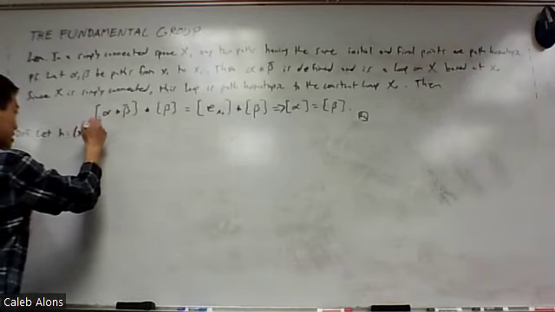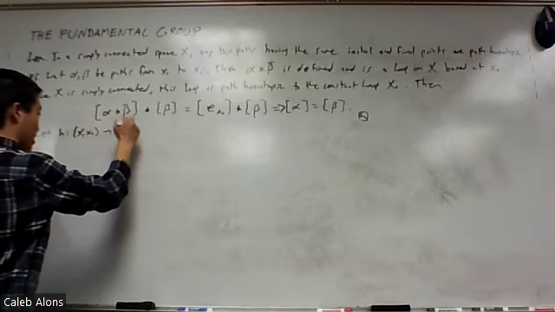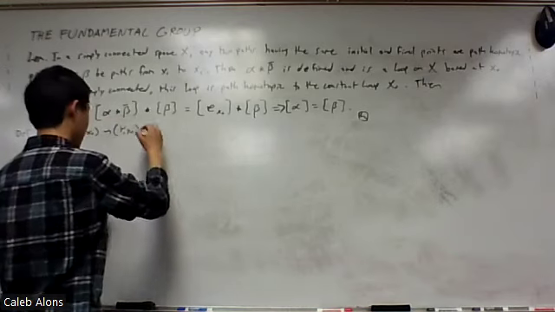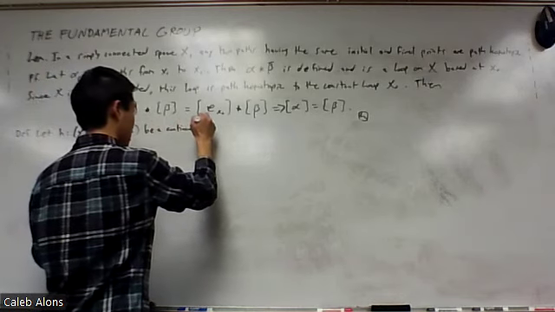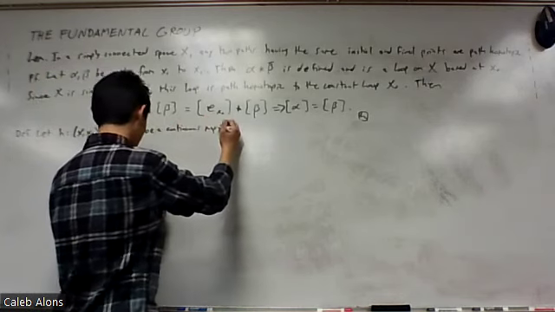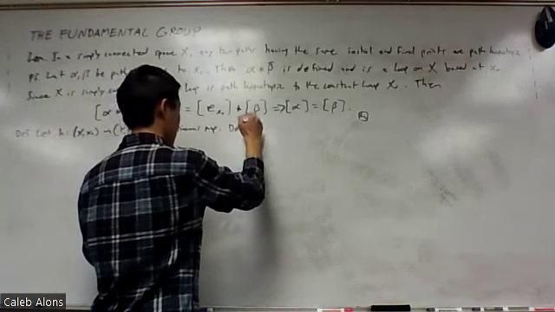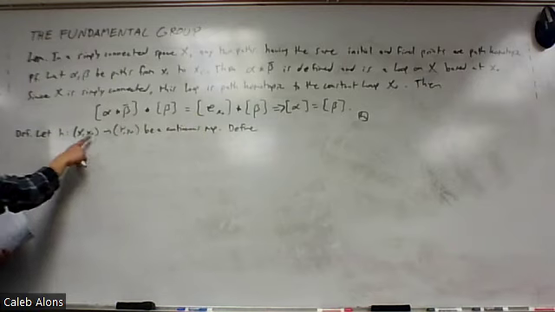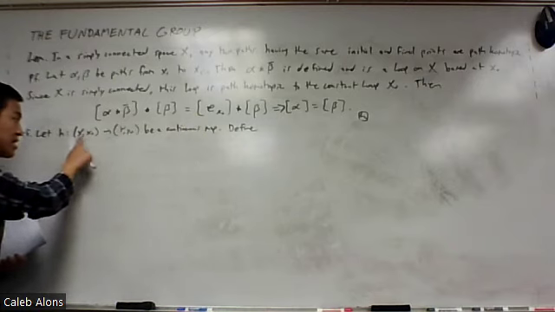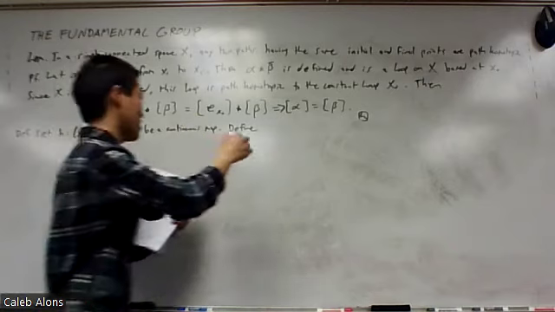I'm going to take h from x naught to y naught be a continuous map. So this is saying I want to take specifically the point x naught in X to the point y naught in Y through h.